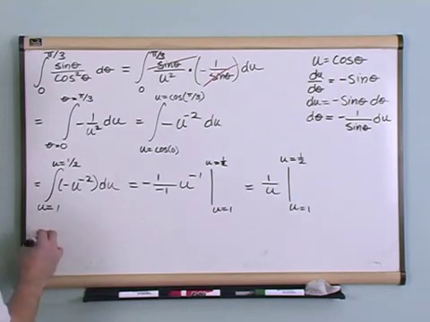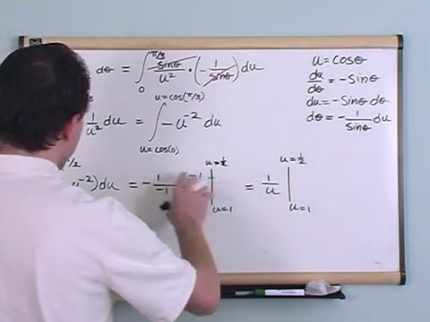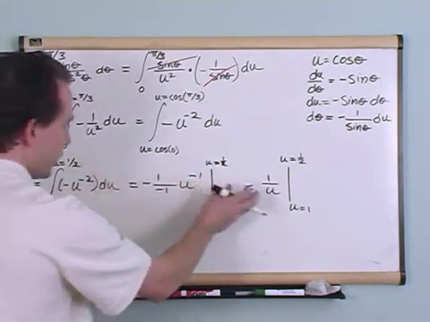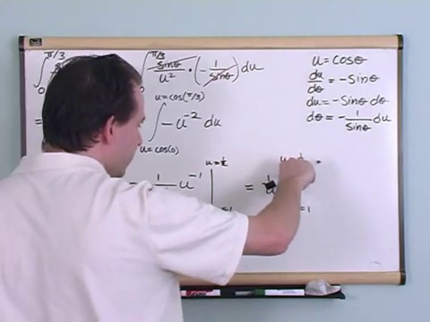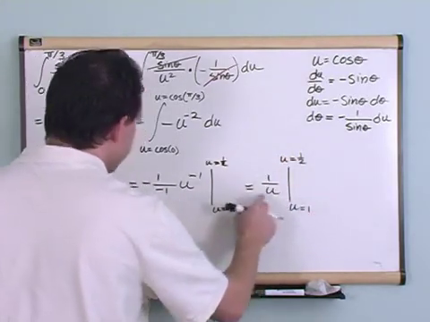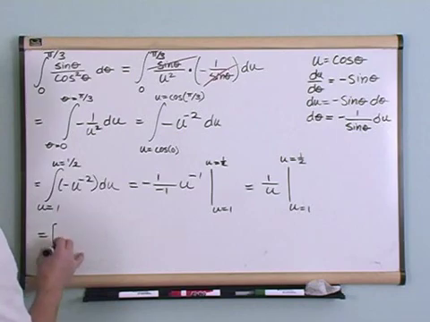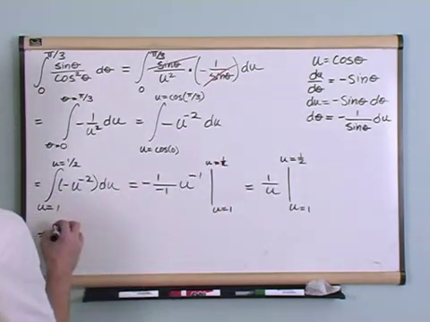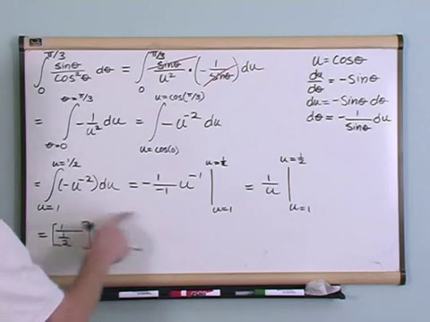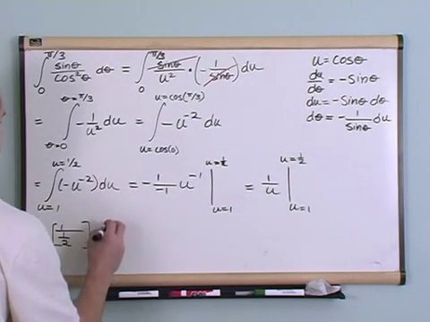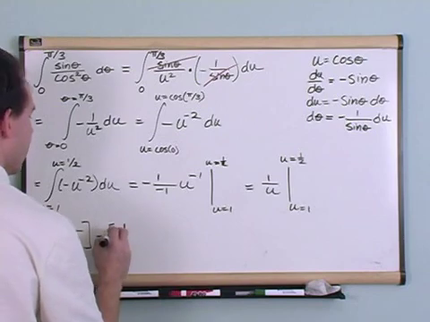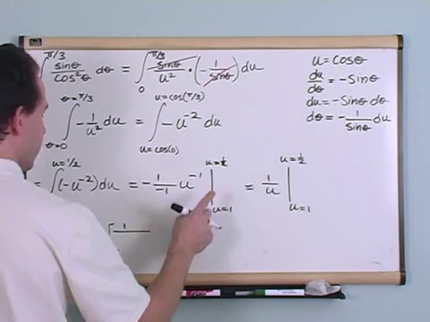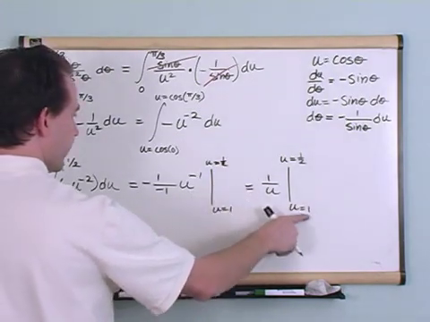And so don't forget the fundamental theorem of calculus, which says that when you want to do a definite integral, you go ahead and you integrate it, but then you evaluate it at the top limit and then subtract evaluating it at the bottom limit. So what you will have is this evaluated at the top, 1 over 1/2, 1 over u is 1/2, minus 1 over, and then u is equal to 1.